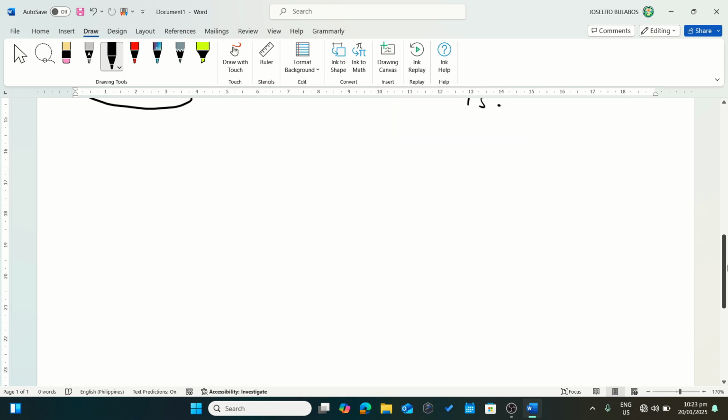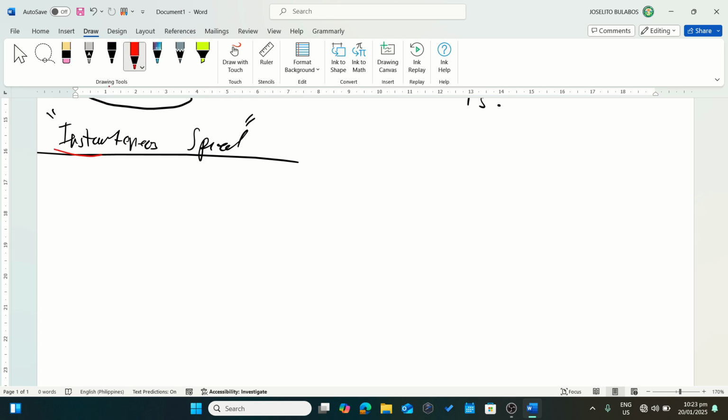Now, we have also the term instantaneous speed. What is this instantaneous speed? From the word instant, meaning the speed of the object at a given time.